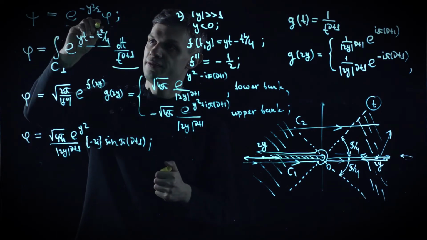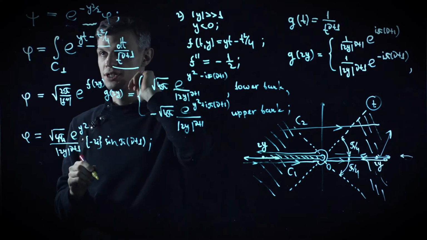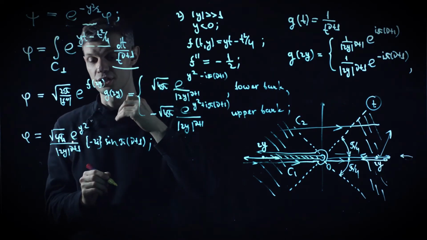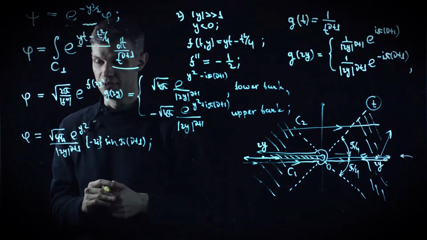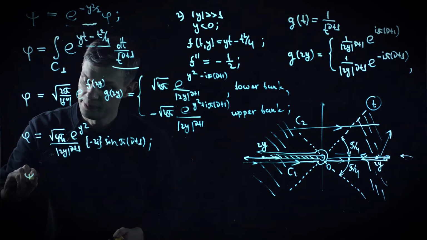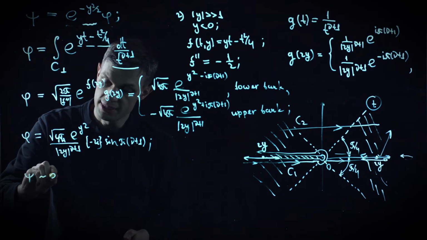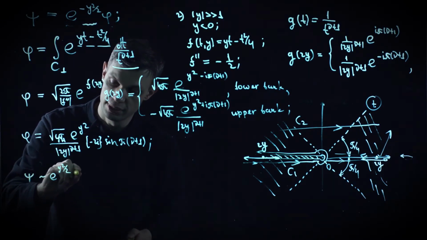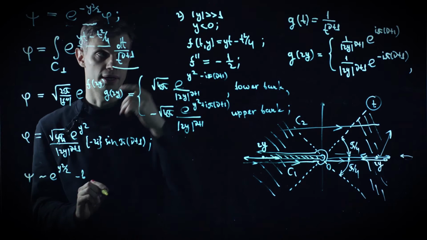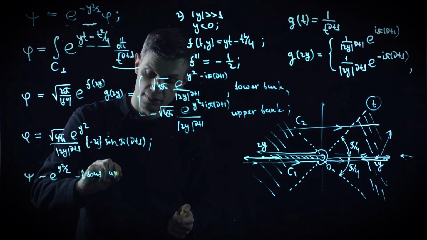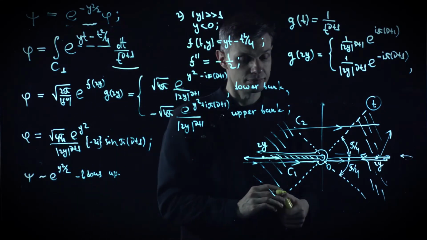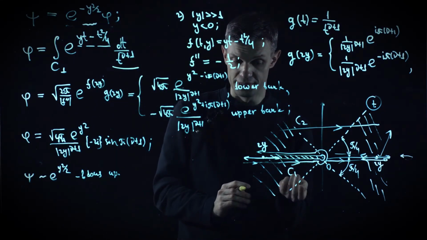Even this exponential factor in front of this phi function, which defines our initial wave function, can't cancel this leading exponential behavior. So our wave function behaves like e to y squared over 2, and it blows up. So somehow this solution doesn't fit our purpose.